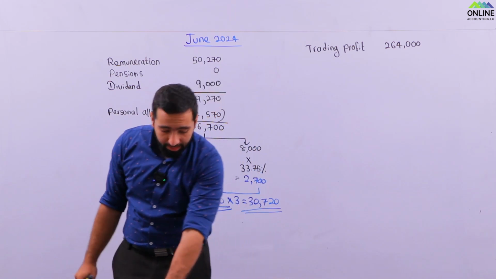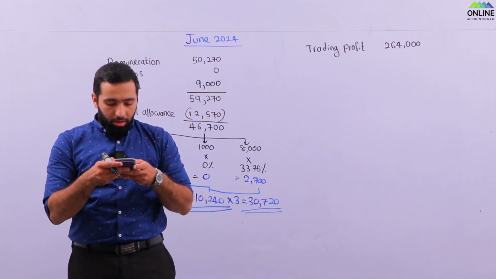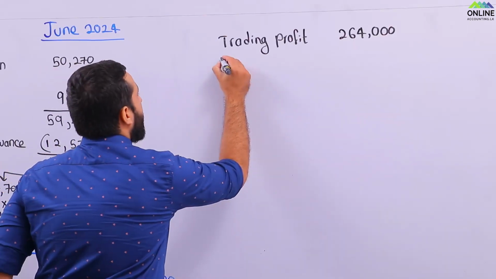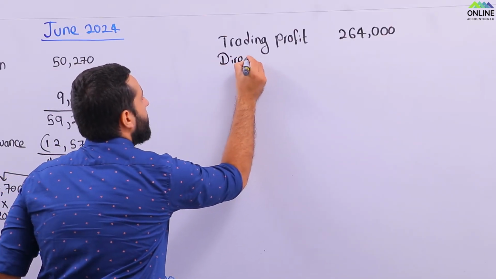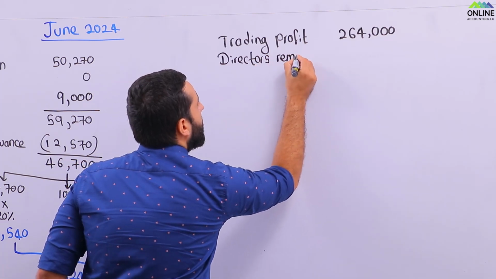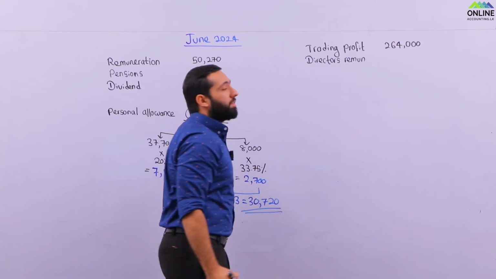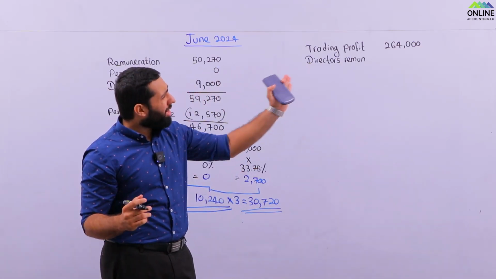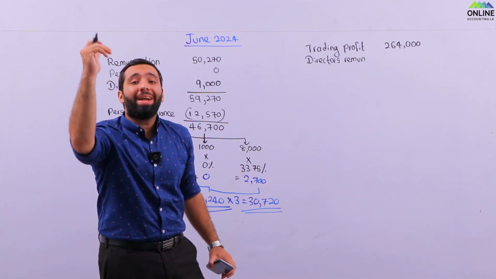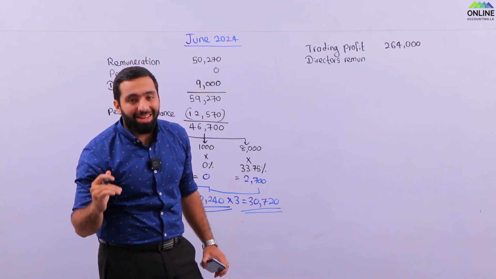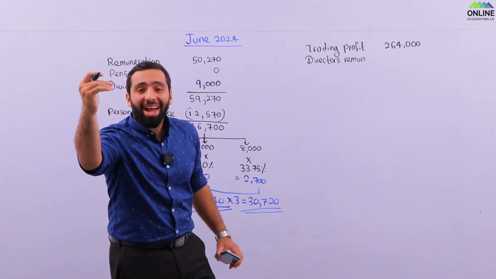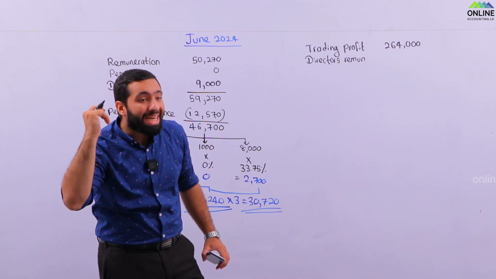And then what else? Yes, the director's remuneration, which is another important item. Why are we including this here? Yes, that is because this is an expenditure for your company. Your company can reduce this expenditure when arriving at the taxable income.